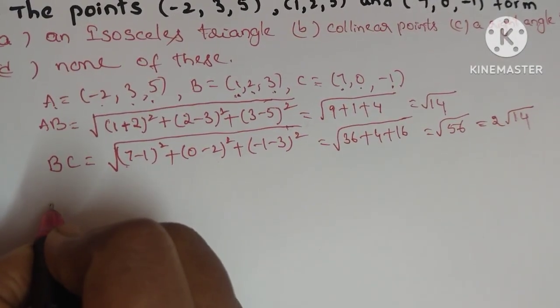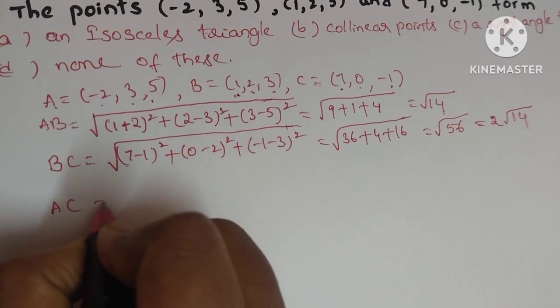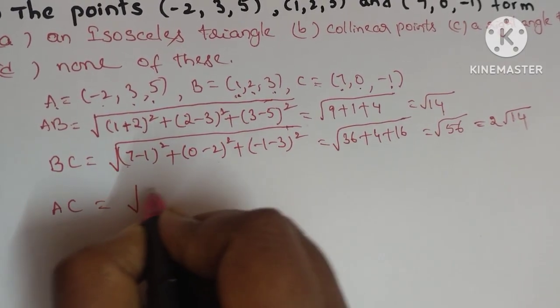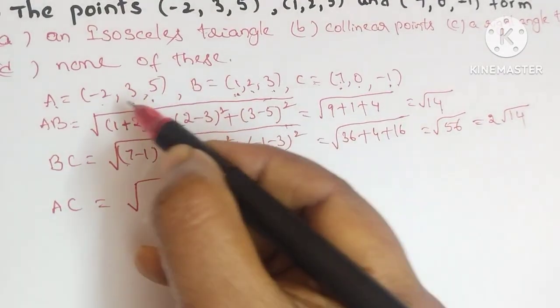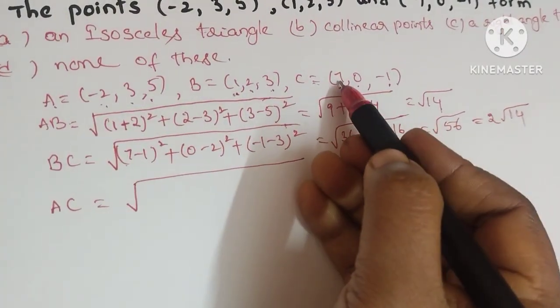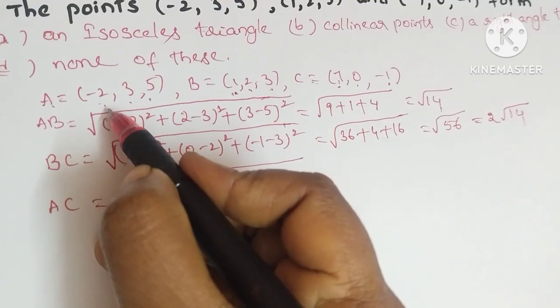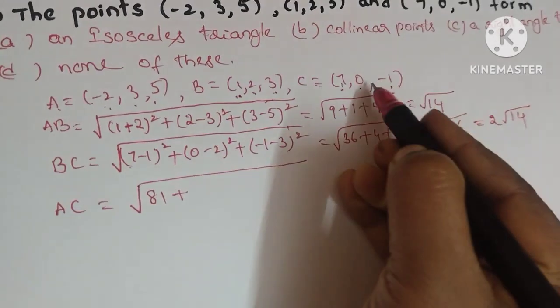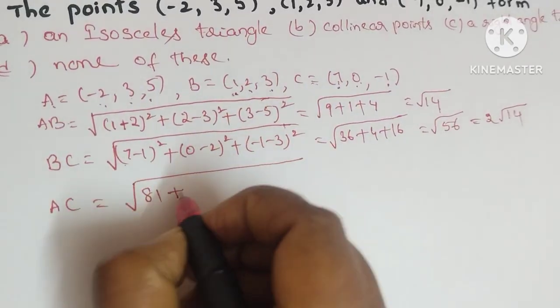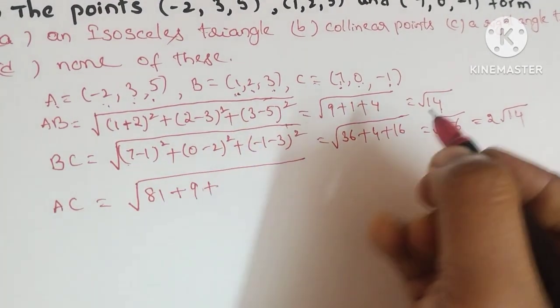Next, distance between A and C. So I will find now A and C distance. So A and C is (x2 minus x1) whole square. So 7 minus of minus 2, 9 square is 81, plus (0 minus 3) whole square, that is 9.